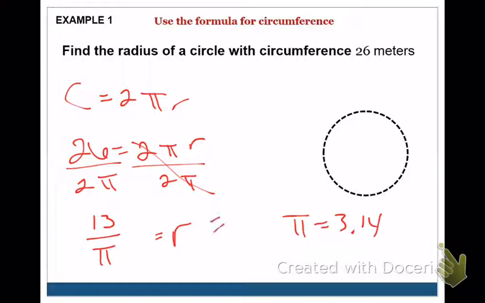So we divide 13 by pi. Okay, and we get 4.14 meters. Okay? So a use of circumference there.